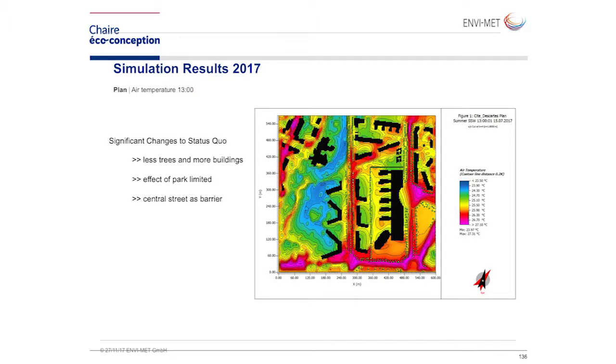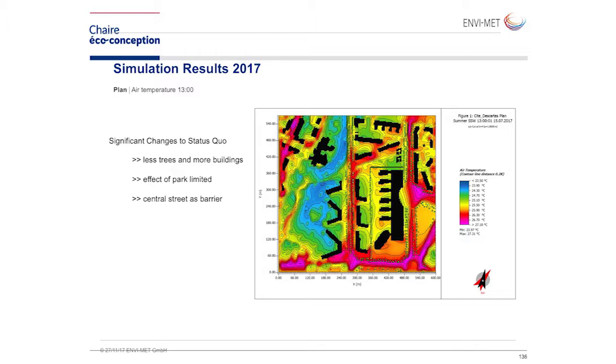Okay, thanks. So this now is the scenario. This is the same model, the same settings. It's again the summer day 2017, but now we have implemented the new buildings. We have removed the trees where the buildings are supposed to be and also added the additional road network. Everything else is the same. It's the same cut, the same time, and of course the same color scale. And you see just visually that there is a big change.